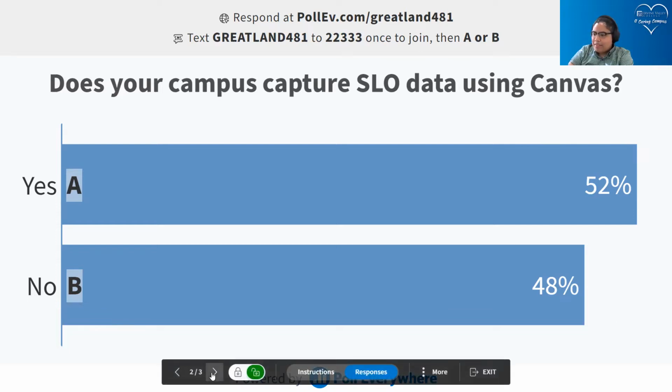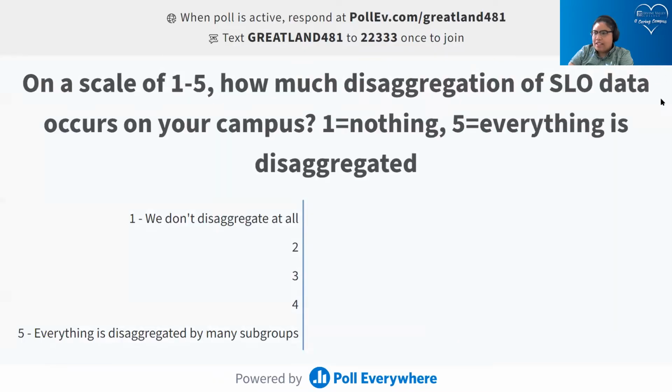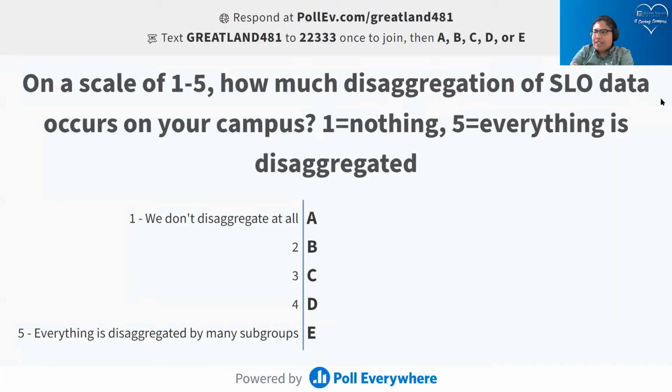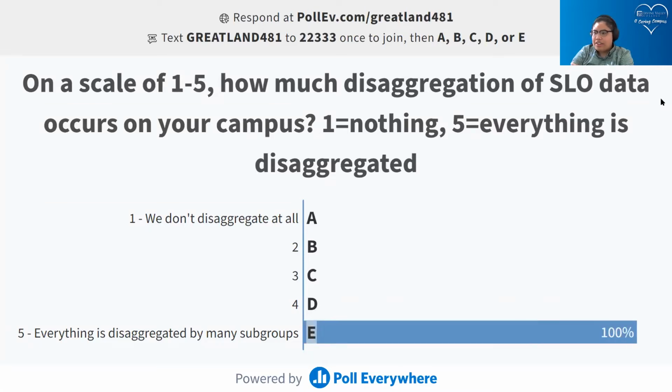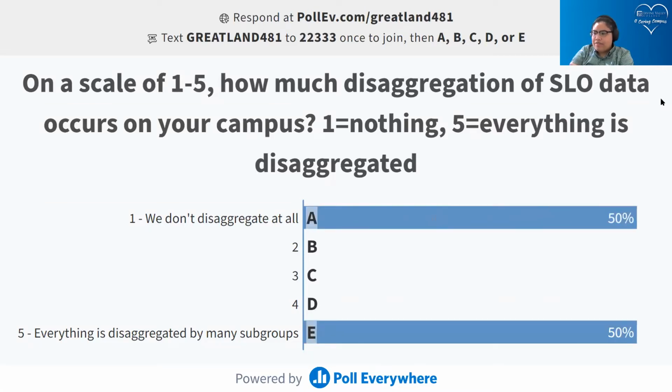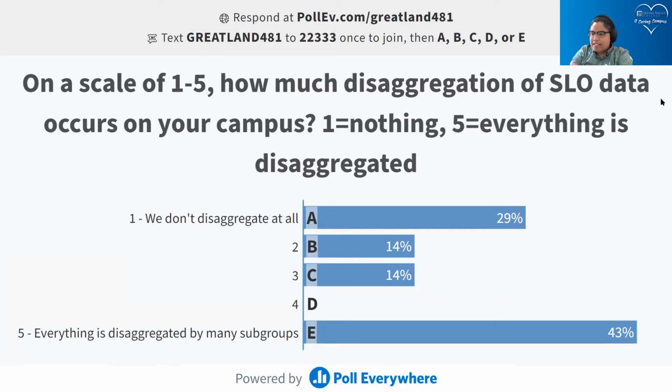And so the final question is, on a scale of 1 to 5, how much disaggregation of SLO data occurs on your campus? 1 being nothing, we don't disaggregate at all, 5 being everything is disaggregated and we have many subgroups.